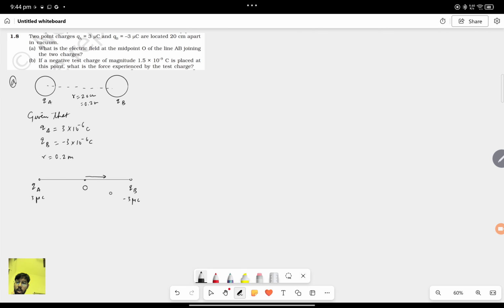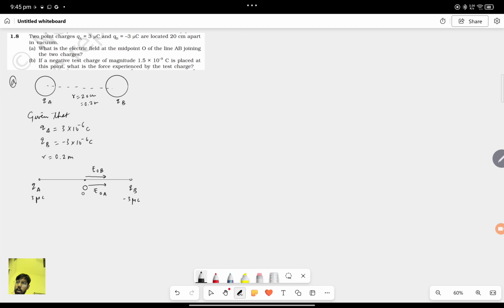Electric field on O due to B is in the direction of QB, and electric field on O due to A is also in the direction of EOB, right?